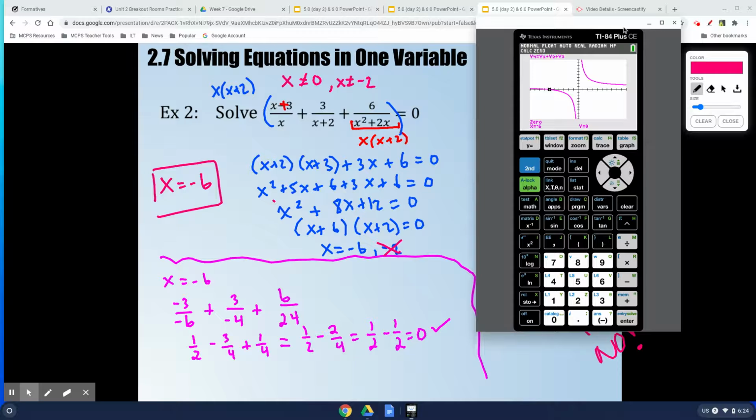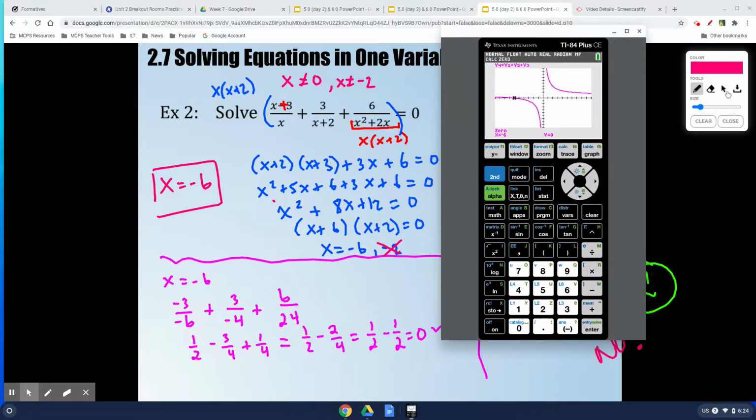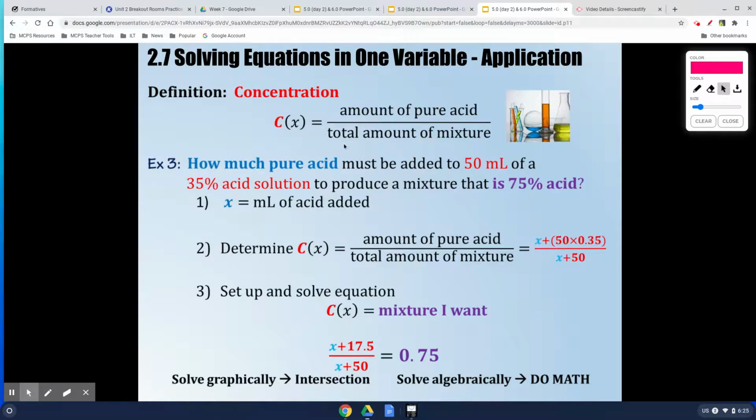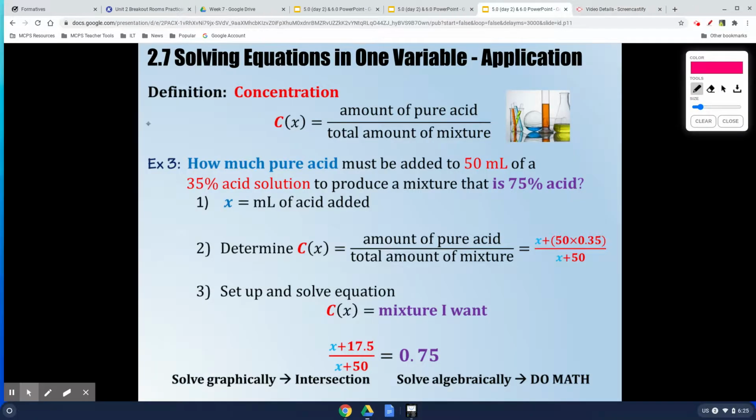So let's take this a step further and let's look at an application. Let's clear this and look at an application. So concentration is the amount of pure acid over the total amount of mixture.